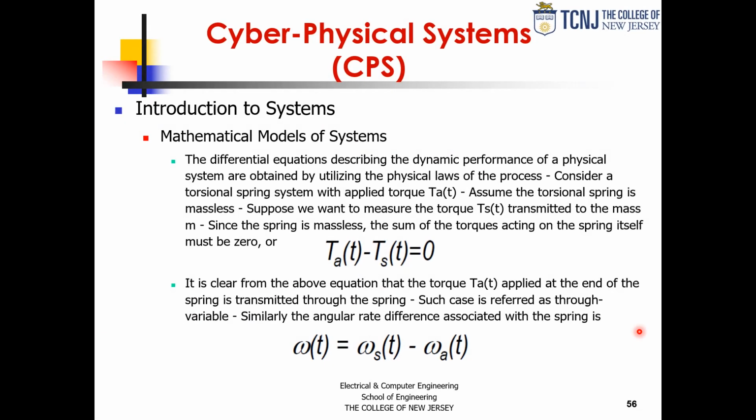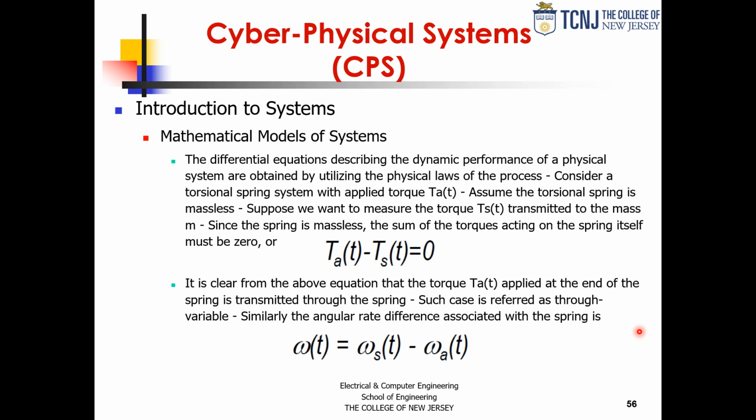So if we have, for example, a differential equation that describes the dynamic performance of a system, which could be a spring and you apply a torque to it, so you are transferring that torsion to the spring.